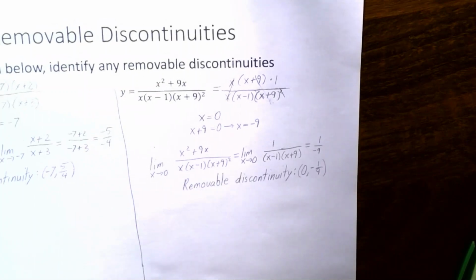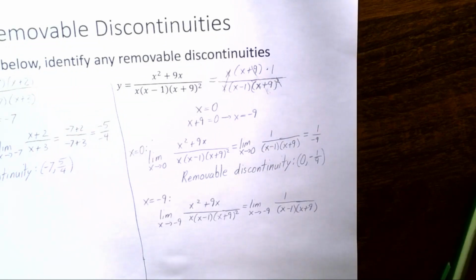The next thing for us to consider is x equals negative 9. Using a similar process, we come to taking the limit of the simplified form of the rational function. Now, here is where we run into an issue. The numerator is 1, the denominator is negative 10 times 0, since negative 9 plus 9 is 0.